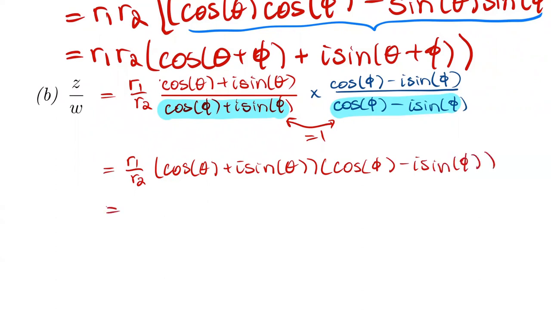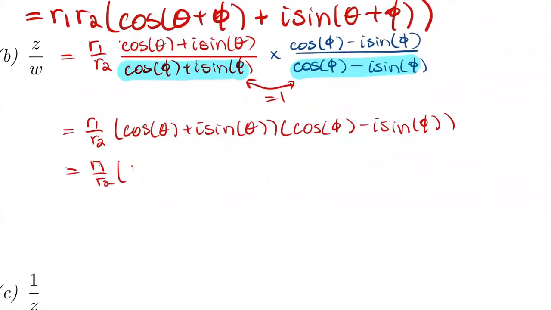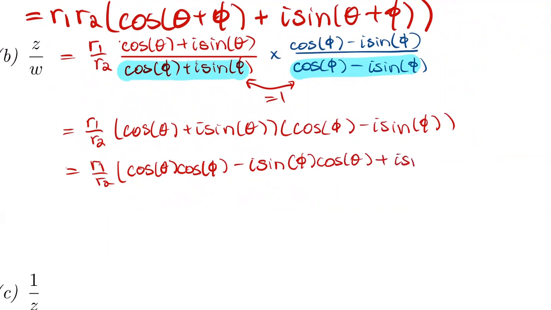Well, that is also the same as saying R1, R2, multiply, so distribute now: cos theta cos phi, then we have minus i sine phi cos theta, plus i sine theta cos phi.